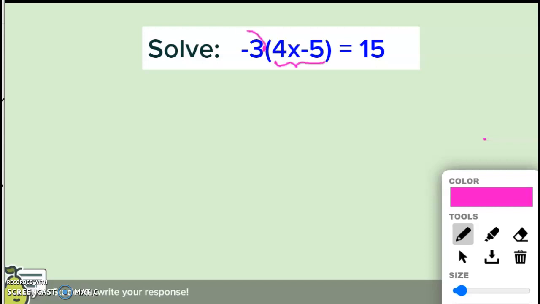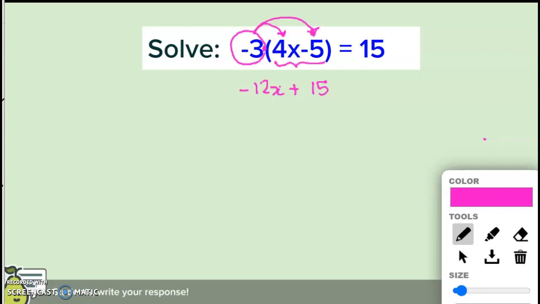So that means I can distribute, multiplying negative 3. Negative 3 is being multiplied to 4x. That becomes negative 12x. And to that, you are adding negative 3 multiplied by negative 5. 3 times 5 is 15. Negative times negative is positive, so it's becoming positive 15.